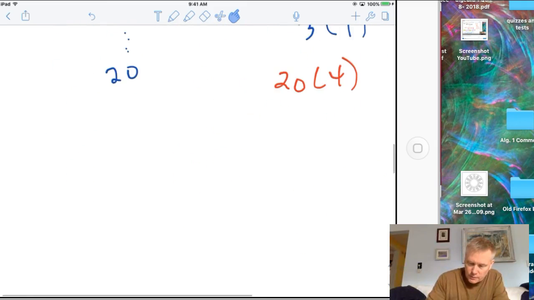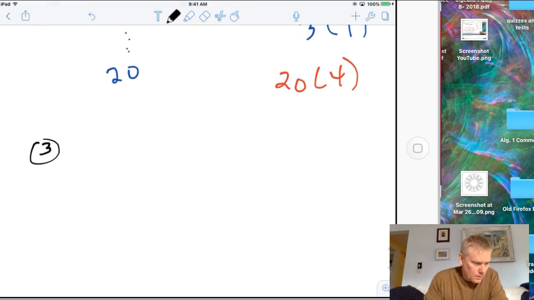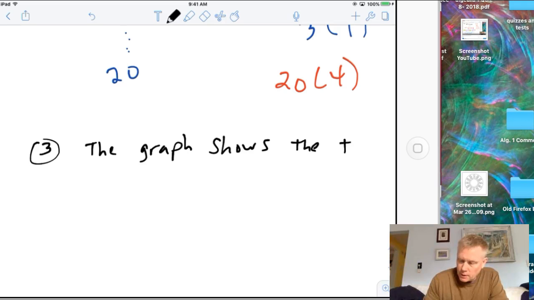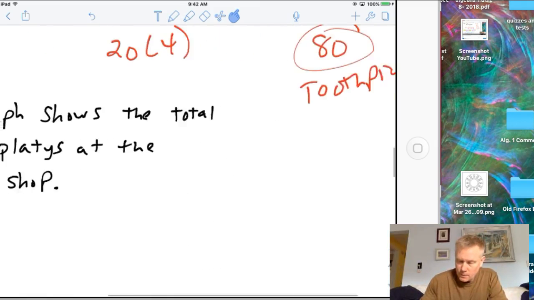Number 3, zoom in a little bit. The graph shows the total cost of platies, which is a kind of fish, at the aquarium shop. Okay, let me go over here for a minute.